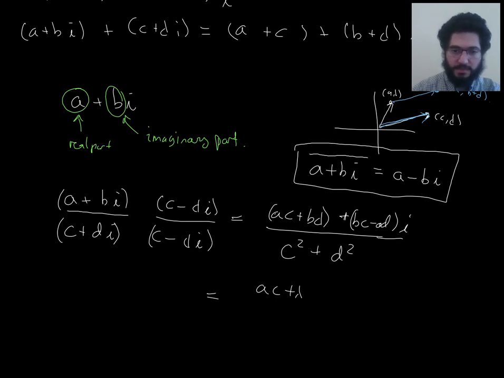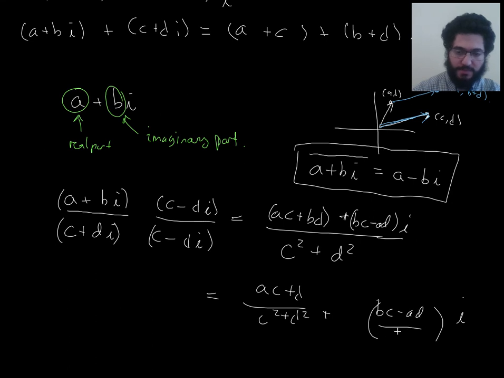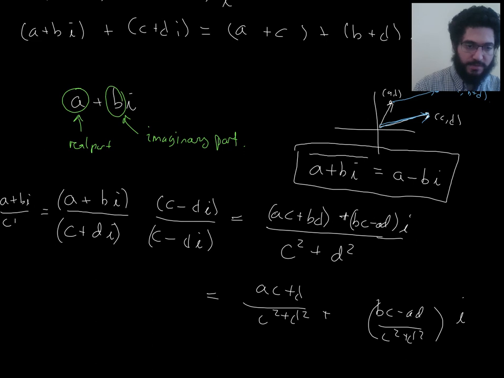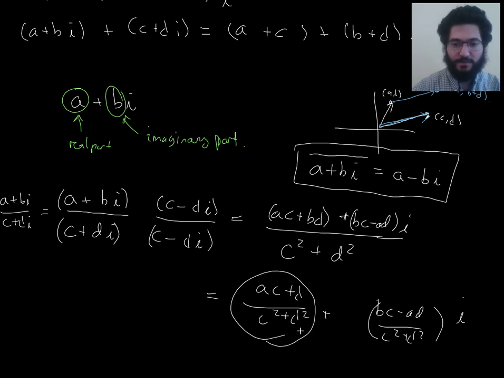It's AC plus BD over C squared plus D squared, plus I times BC minus AD over C squared plus D squared. This is a pair of real numbers. So overall, what we were doing was computing A plus BI over C plus DI, right? So apparently if you take this dot in the plane and divide by this dot in the plane, then you get this dot, which is this far over and this far up.